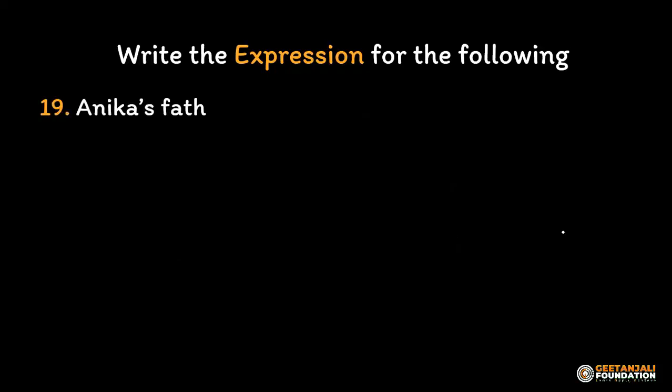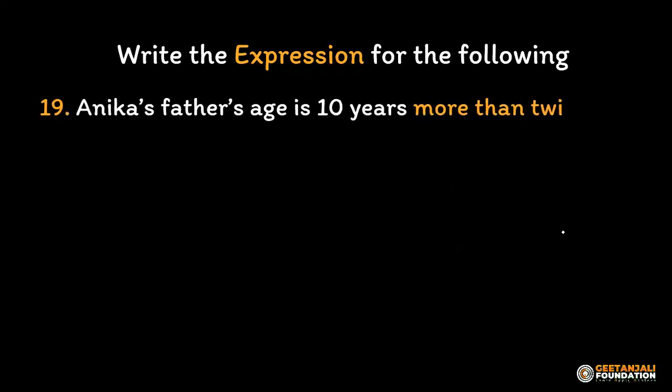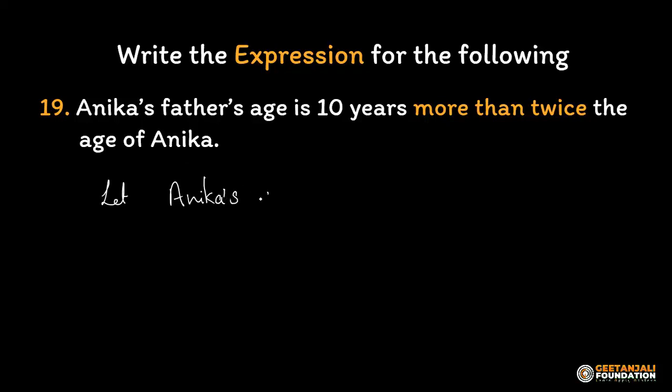Next is, Anika's father's age is 10 years more than twice the age of Anika. Do you know Anika's age? No, we don't know. So what does that mean? It means it's a variable. So let Anika's age be say x years.